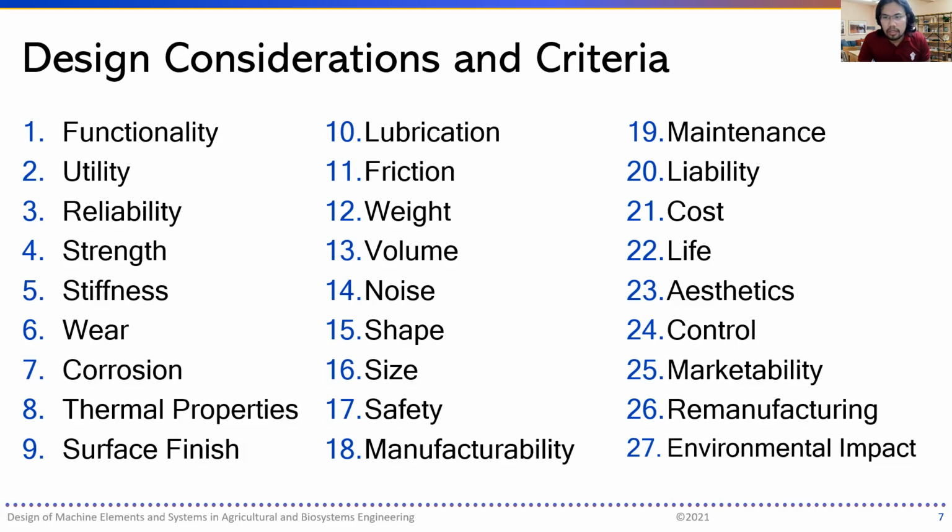There's functionality: what is its purpose, utility, is it useful in the practical sense. There's reliability: the question is if it's dependable during actual use. And then there's strength: is it structurally strong.